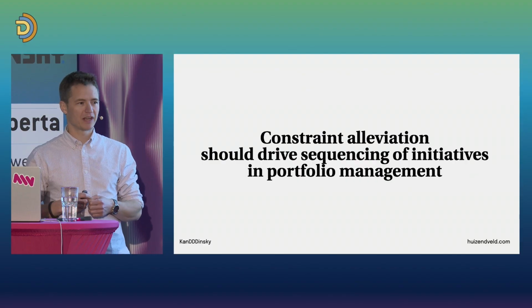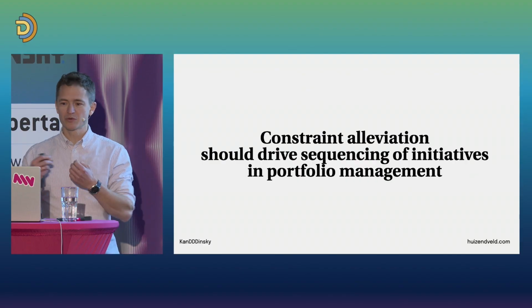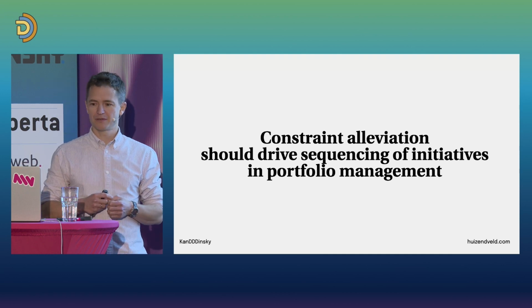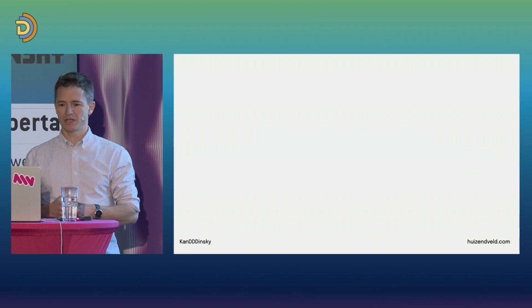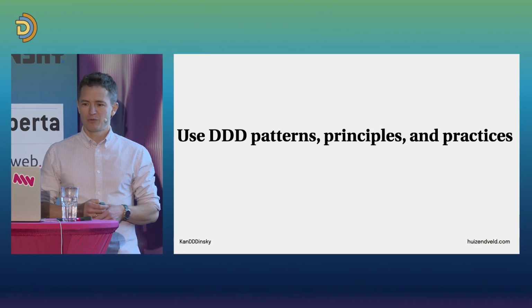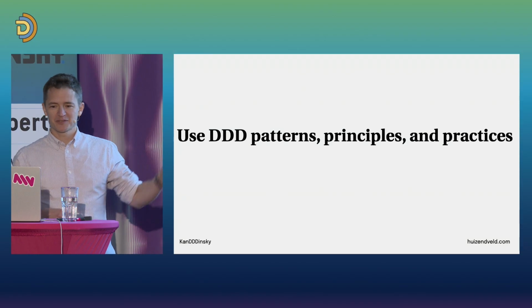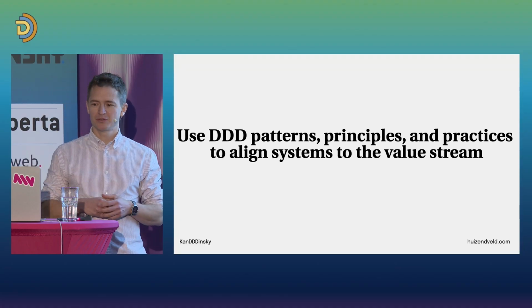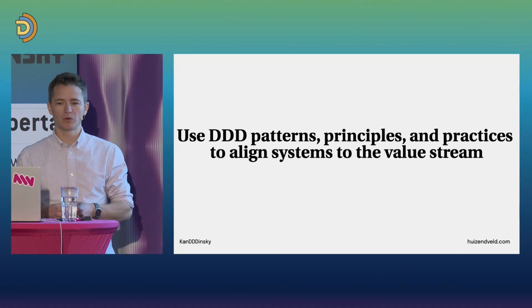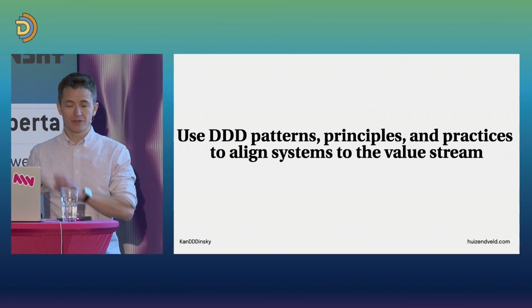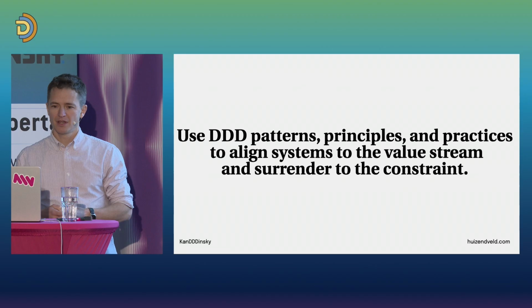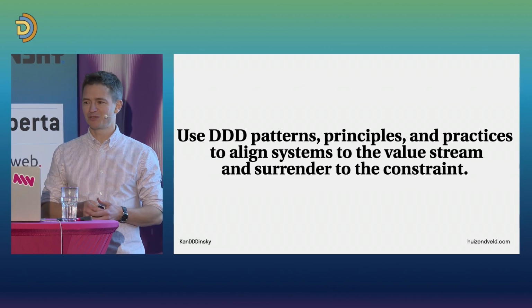And it's those constraints that should drive the sequencing of the initiatives that we're chasing in our portfolio management process. And we can use domain-driven design, patterns, principles, and practices to then, once we figured out what we have to do, align our systems with the value streams, right? And to surrender truly to the constraint.